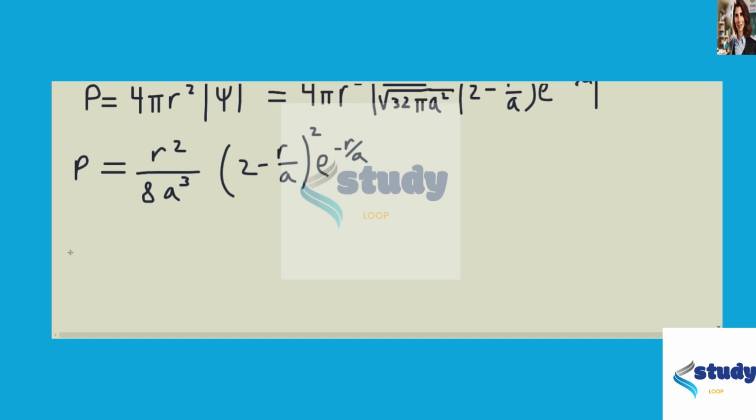Now we know that this is a maximum when dP/dr is equal to 0. So let's find dP/dr, set it equal to 0, and then we can solve. First, let's pull out the 1 over 8 a to the third, just a constant, and multiply it by... the first thing we come across is the r squared term, right?